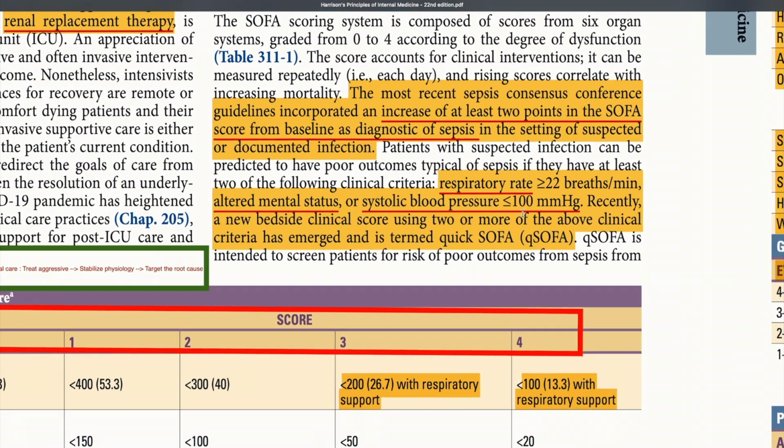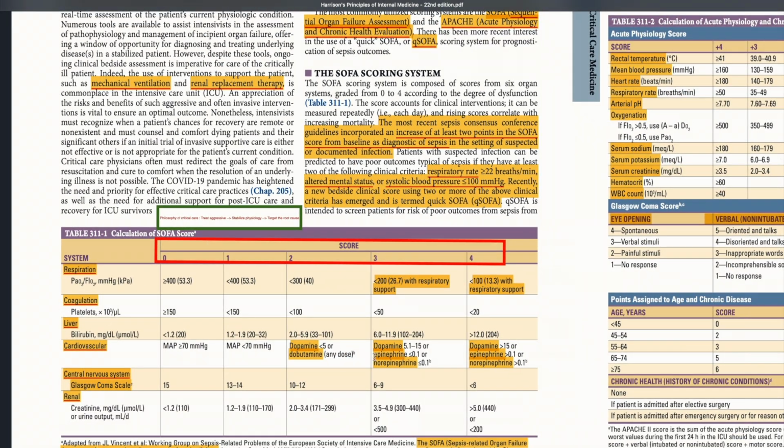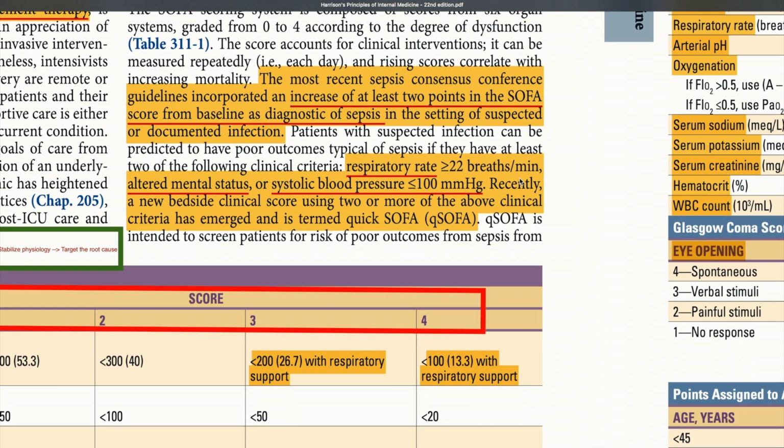So now the problem with the SOFA is we need the lab to know about these values, but in qSOFA we don't need the lab values. We just need a bedside examination like respiratory rate, altered mental status, and systolic blood pressure.